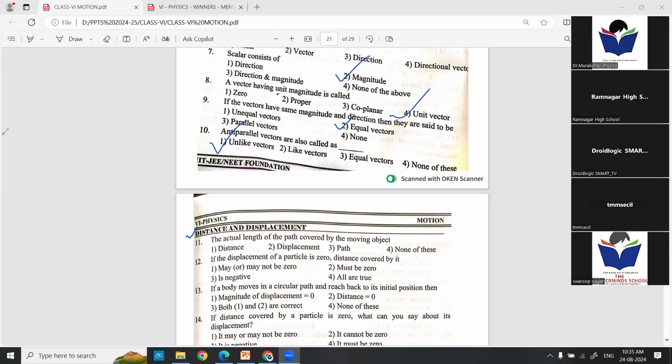Seven, scalar consists of magnitude. A vector having unit magnitude is called a unit vector. If the vectors have the same magnitude and direction, then they are equal vectors. Anti-parallel vectors are also called unlike vectors.